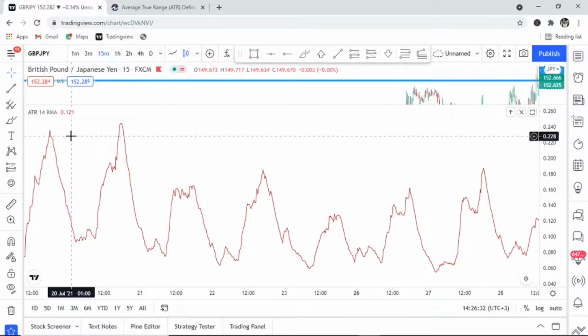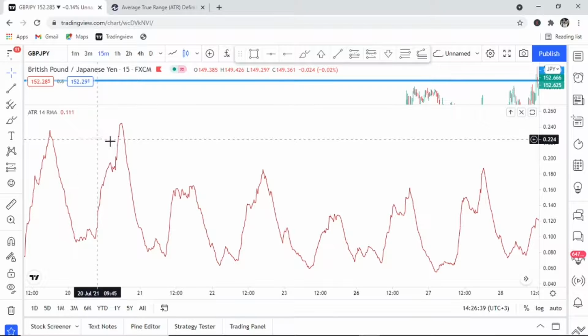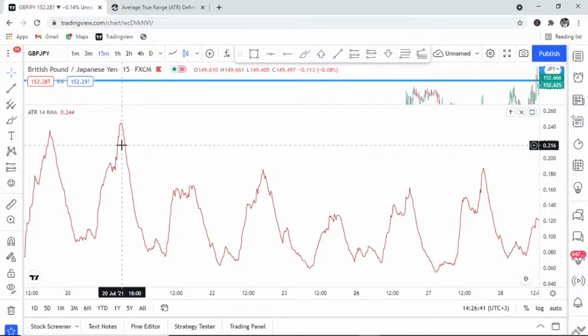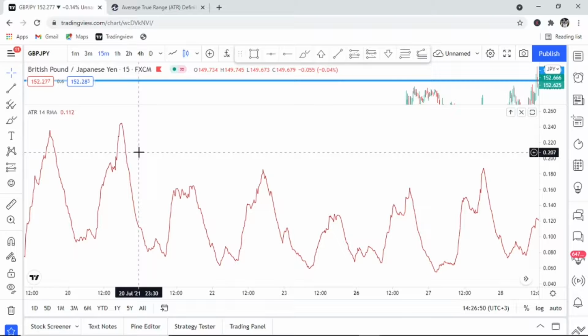So right here we have 2. Right here the pip value is 12, right here it's 9, right here it's 11, and 20. It's a bit different, but all you have to do is use the first 2 digits. So right here it's 24, right here it's 11, right here it's 8.